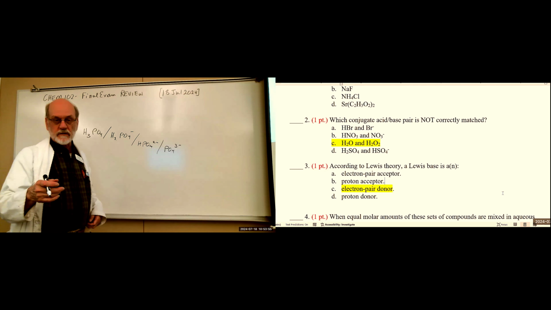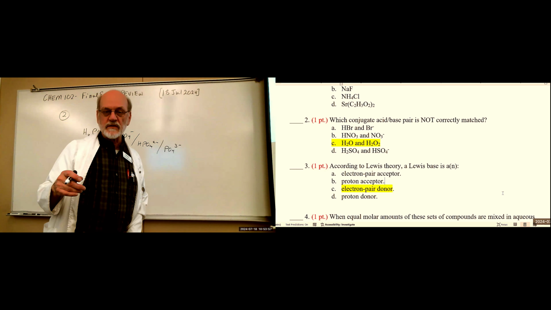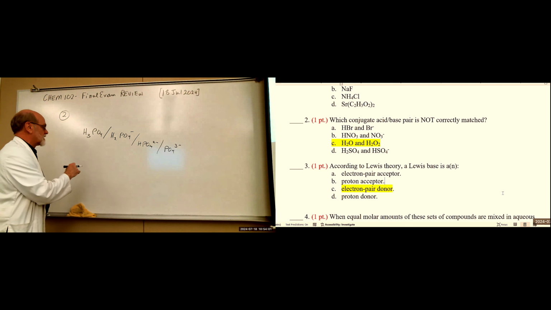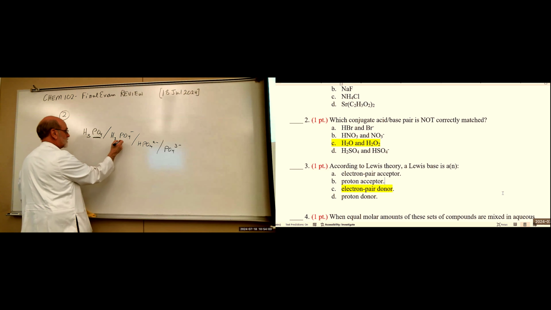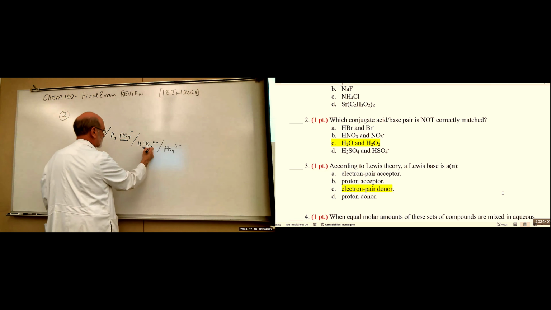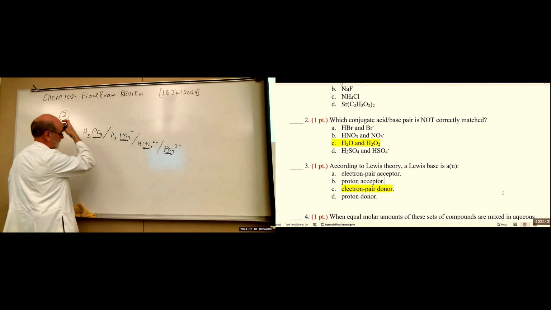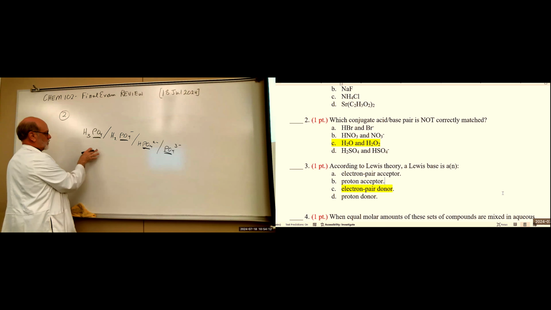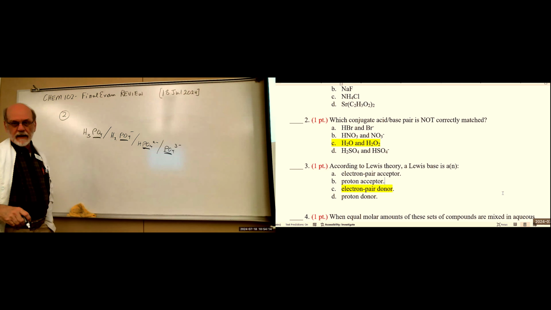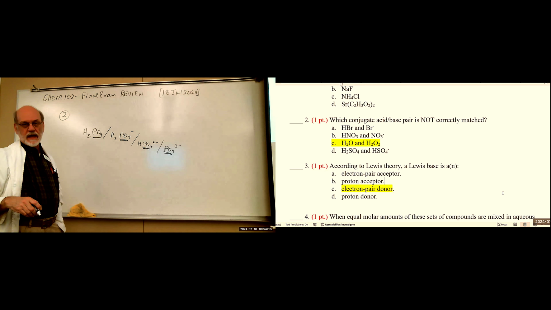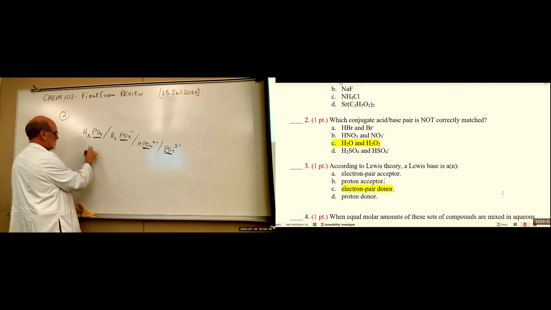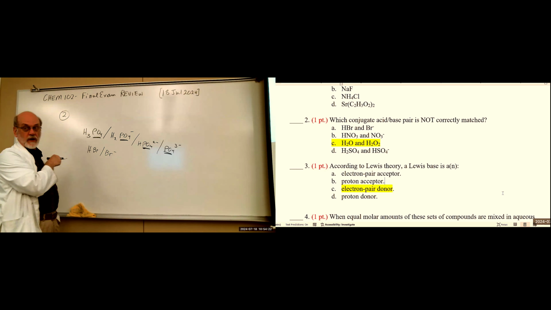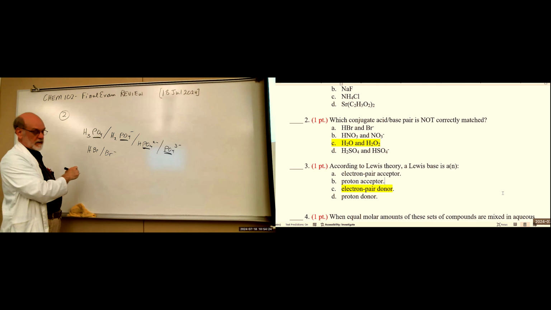So to answer that question, which conjugate acid-base pair is not correctly matched? The other thing that you have to have is that this part of the molecule has to be the same. So we're good here. HBr and Br minus: yep, you lose one proton. That one's good.